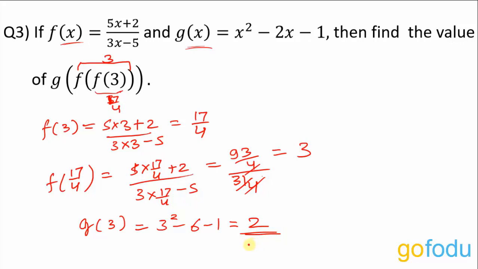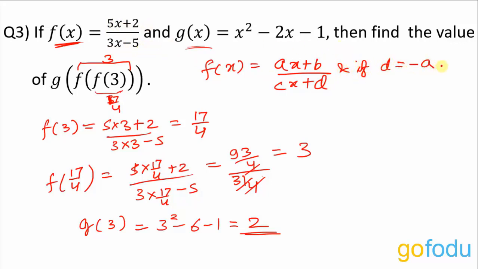Here there is one more important point. If f(x) is of the format ax plus b upon cx plus d, like here we had, and if d is equal to minus a, then f(x) will be equal to x only.